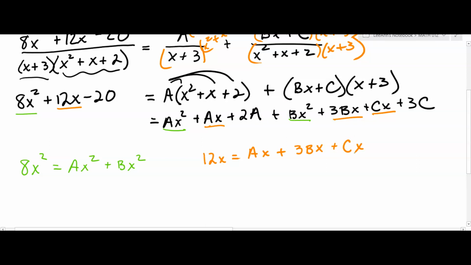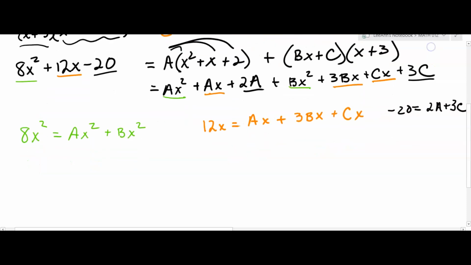Okay, those were all of those. And then finally, the constant, negative 20, has to equal 2a plus 3c.